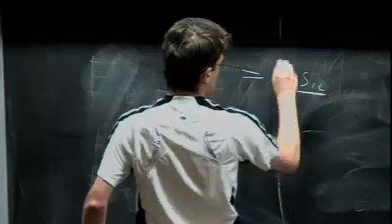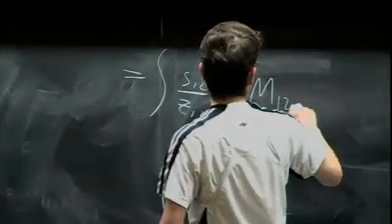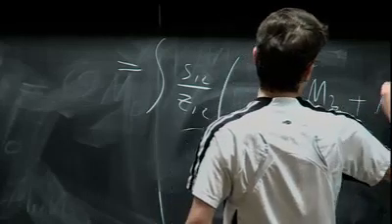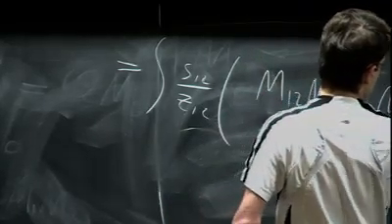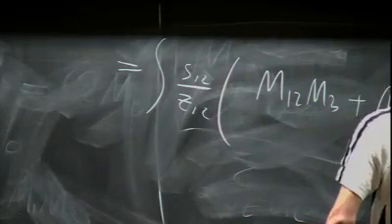let's see. So you will get S12, well, the integral over Z12, and now this guy, well, I'm just going to use that one, and I will get M12, M3 plus M1, M23, everything multiplying M4 and the Koba-Nielsen factor.